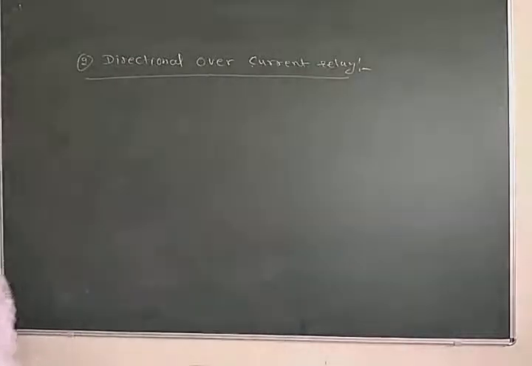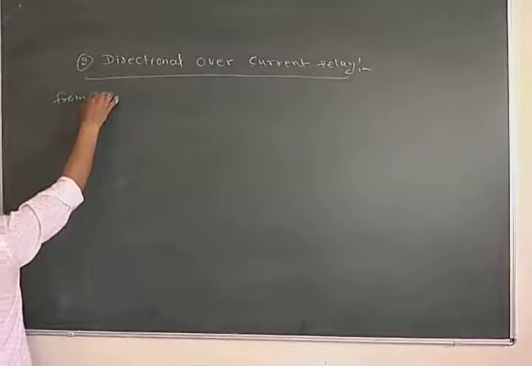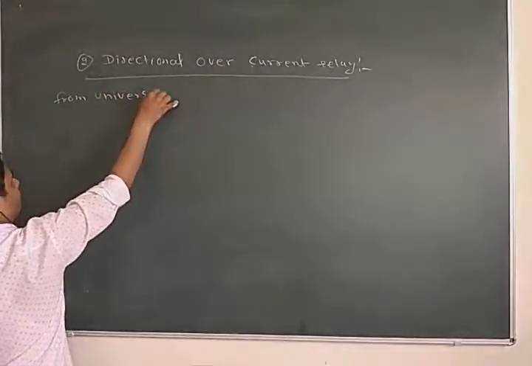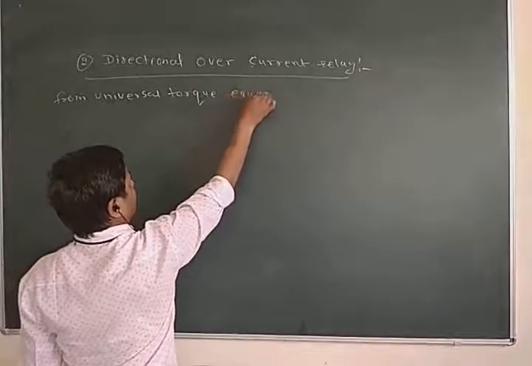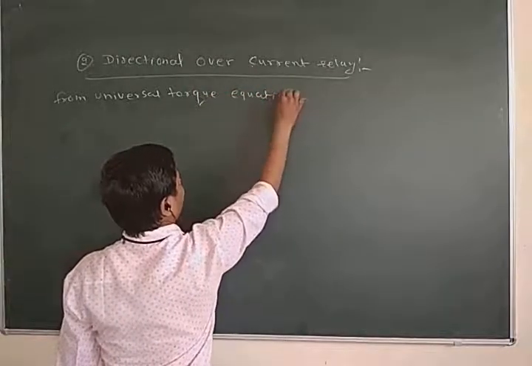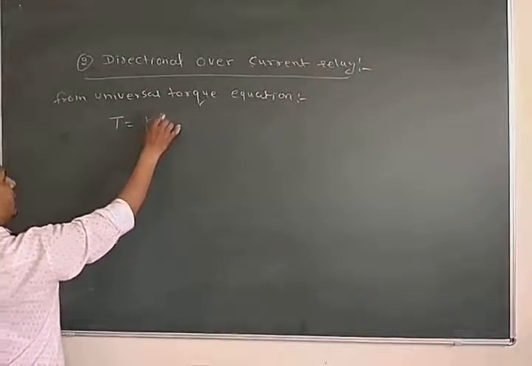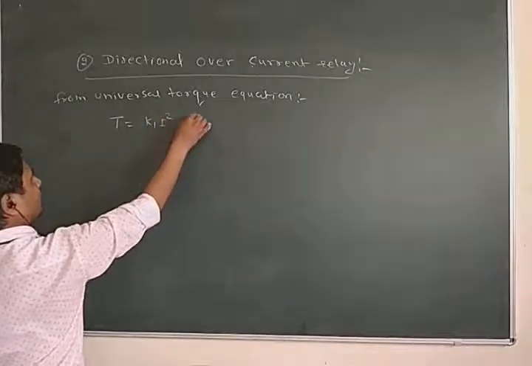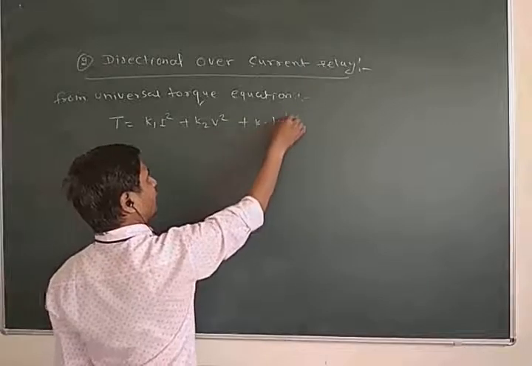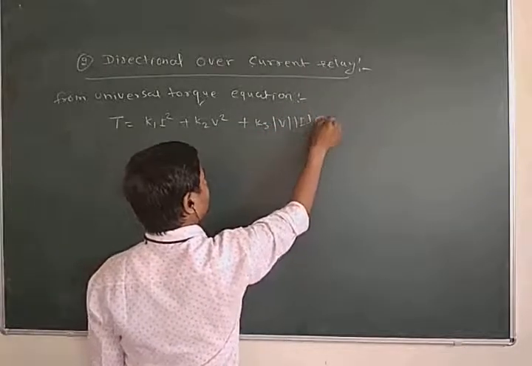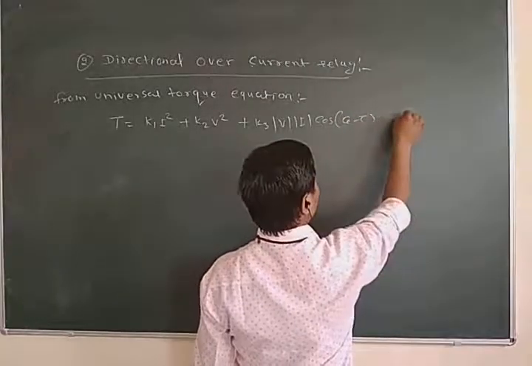So our universal torque equation is T is equal to K1 I square plus K2 V square plus K3 VI cos(theta minus tau) minus K4.